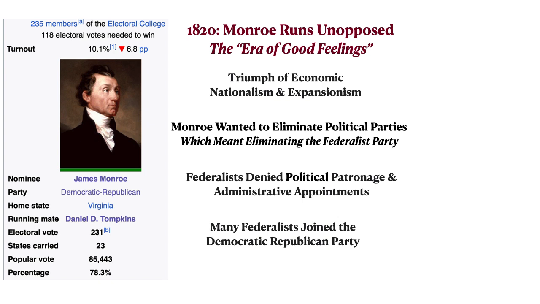As a result of this policy, many Federalists just left the party and became Democratic Republicans to stay in on the possibility of these appointments. And that led to, yes, the end of the Federalist Party, but also increased the division of the Democratic Republican Party into factions.